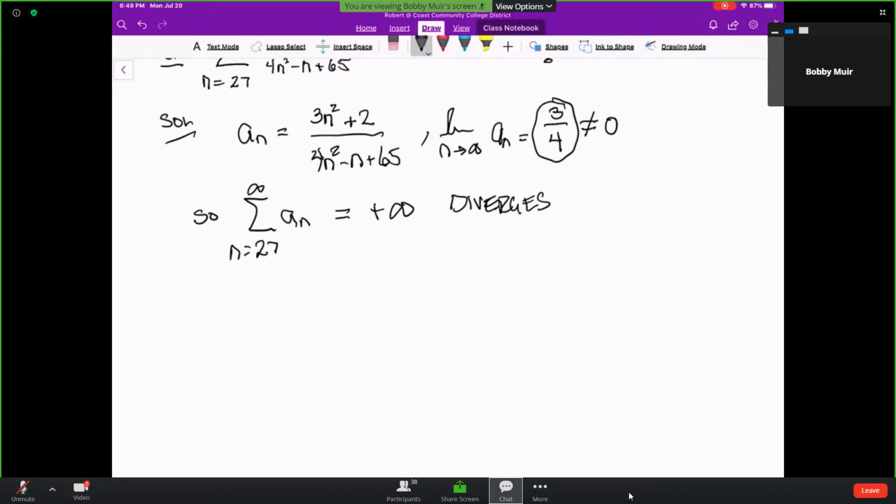Now, it turns out that this is not sufficient. Okay, so definition. The series given by the sum from 1 to infinity of 1 over n is called the harmonic series.